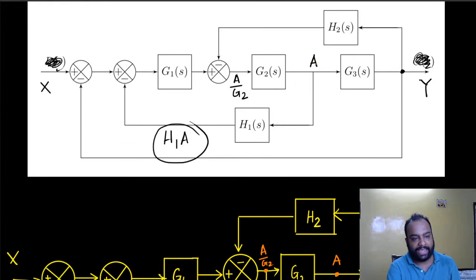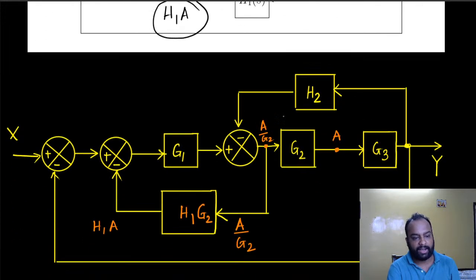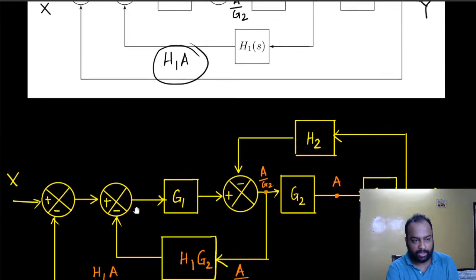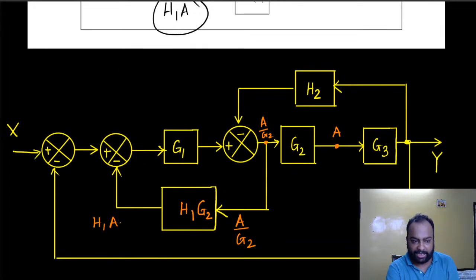I have A here and A by G2 here. I have manipulated the transfer function here in a way that the output of this is still H1A. No input-output relationship has been violated anymore.